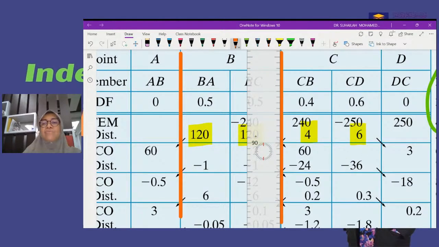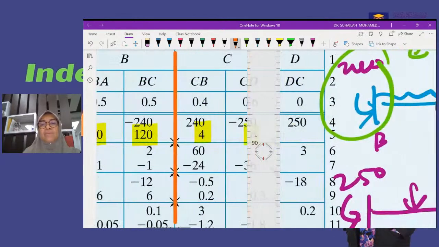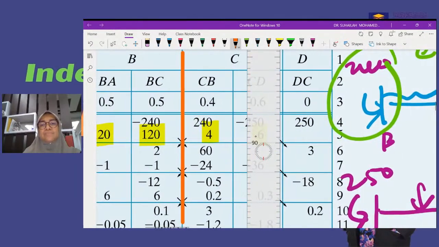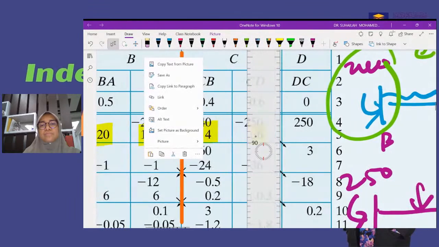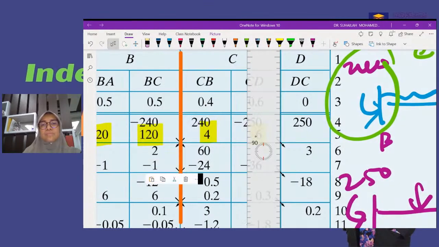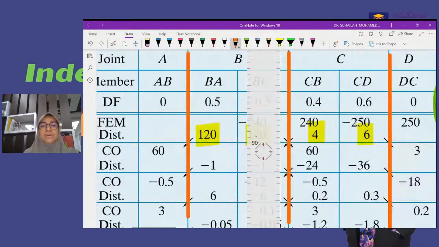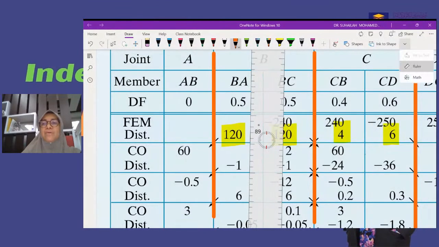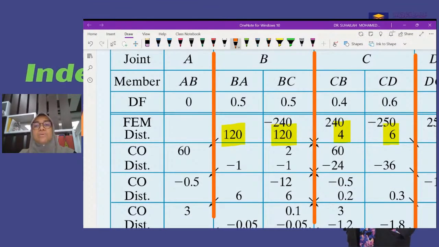We have the boundary between C and D. Okay, so we have boundaries.